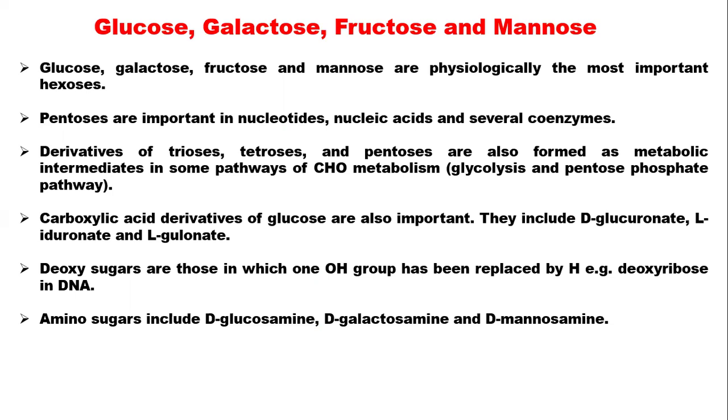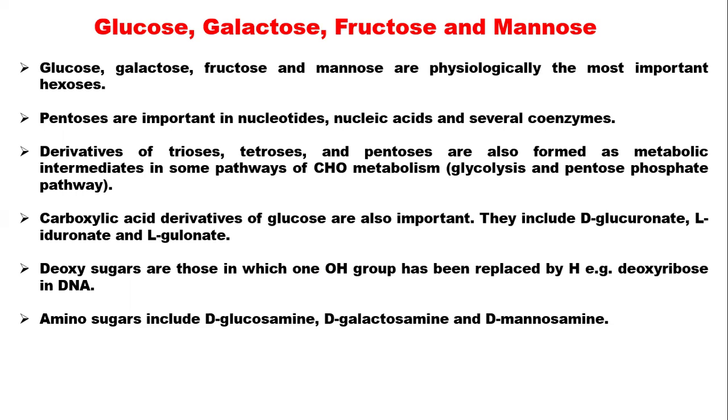There are also pentoses, which are 5-carbon sugars. They are important in nucleic acids, and they are also found in several coenzymes. Coenzymes are organic molecules that are required by certain enzymes to function in the body.